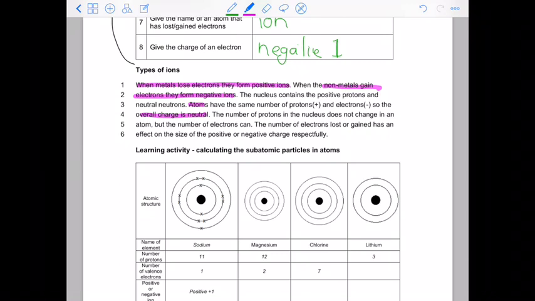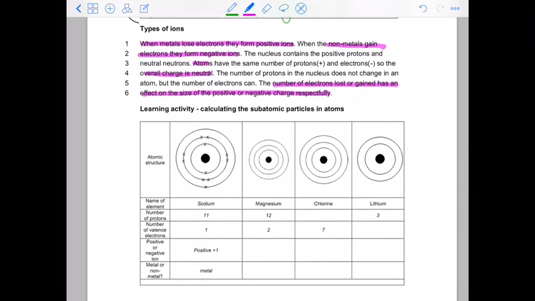But we know in an ion, it's not the same number. So the number of electrons lost or gained has the effect of the size of the positive or negative charge. So if it's lost 3 electrons, it will have a positive 3 charge, such as the aluminum. If it's gained 2 electrons, it will have a -2 charge, such as oxygen would have that.